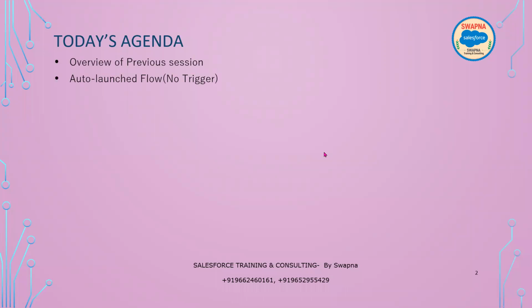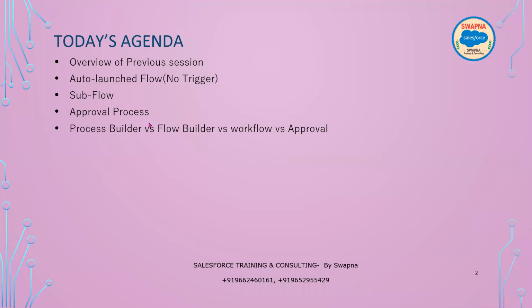We'll quickly go through the previous session overview and we'll talk about the auto launch flow and the sub flow, how to call a child flow from the parent lightning flow, and we'll talk about the approval process. What is the concept and how can we implement the approval process?